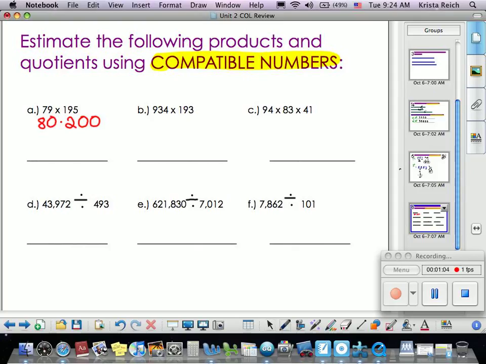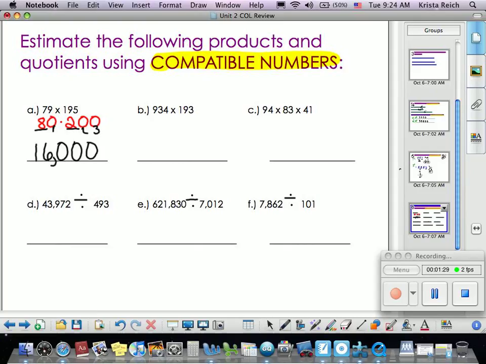Very quick and easy math. 8 times 2 is 16. With multiplication, we add our zeros. So there is 1, 1, 2, 3 zeros, and I will just add those to my 16. So the best estimation is 16,000.